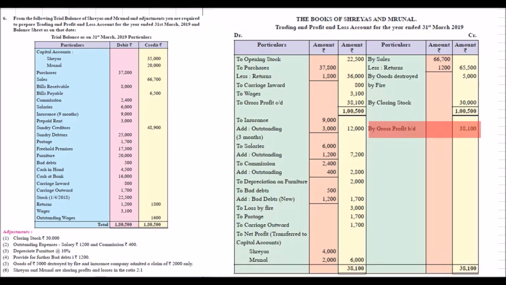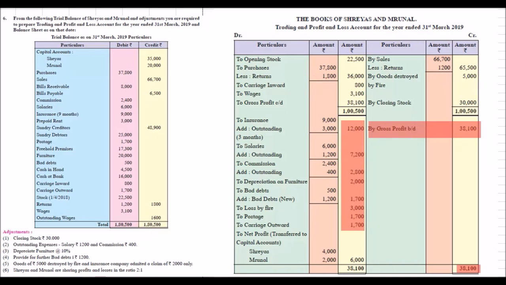From the 38,100 rupees, we need to deduct these amounts: 1,200 rupees, 12,000 rupees, 7,200 rupees, 2,800 rupees, 2,000, 7,700 rupees, 3,000, and 1,700 rupees.